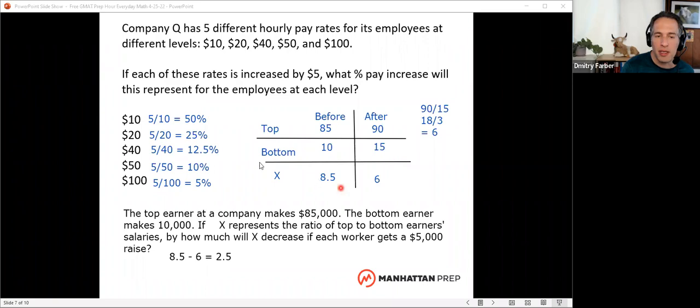It's not simply because $5 matters more to people at the bottom than the top. It's not going to stay fixed, this ratio. If we add fixed amounts, it's going to keep decreasing. And that's another general principle you can have.